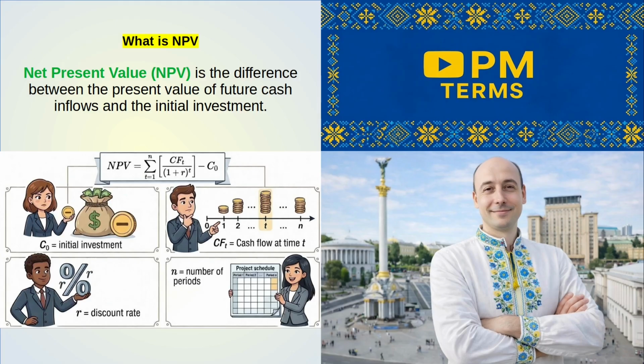Here, CFt is cash flow at time t, r is the discount rate, n is the number of periods, C0 is the initial investment, and t is the time period. In simple terms, we convert future cash flows into today's value and then subtract the initial cost.